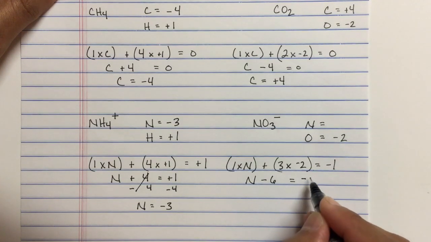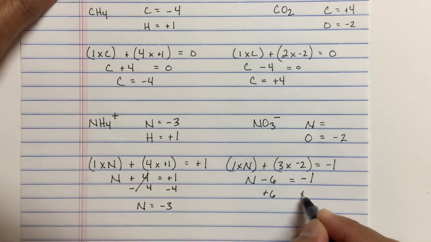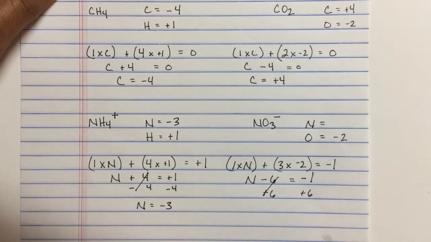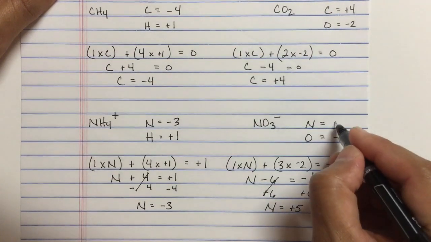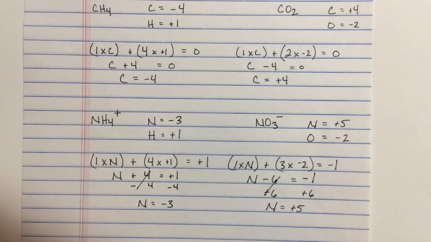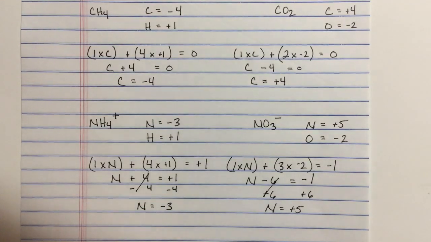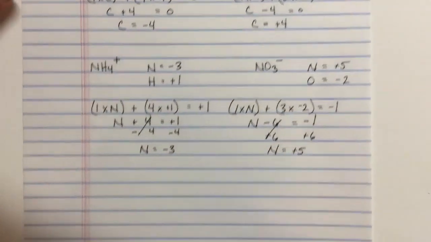This is equal to -1. Add 6 to both sides. So nitrogen is +5. Just like carbon, you notice with nitrogen, it can exist with different oxidation states. Finally, I'll give you one more.